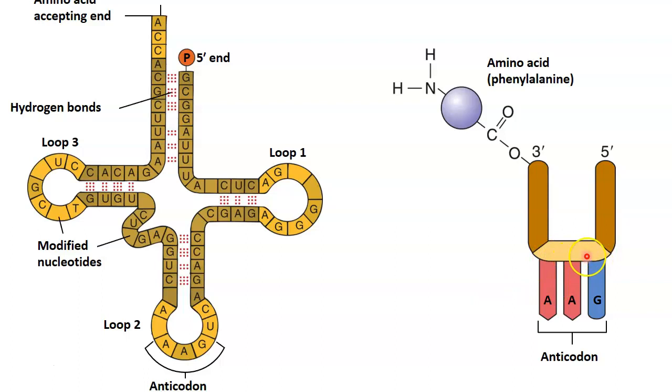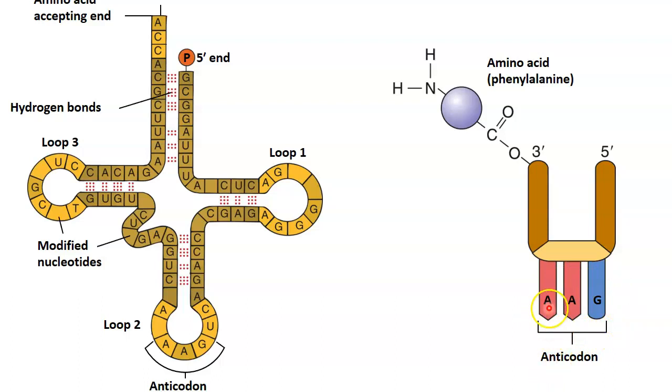Down here at the bottom, which would be loop 2, there would be a triplet anticodon, AAG. The aminoacyl tRNA synthetase, that enzyme, will look at this sequence and attach the appropriate amino acid based on this sequence.